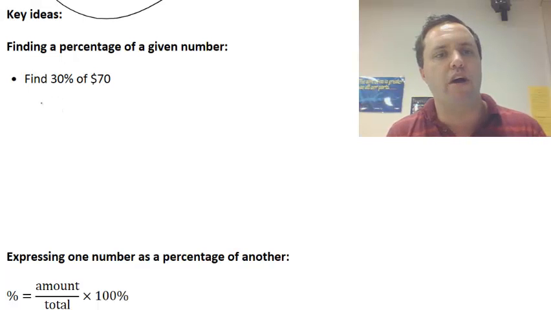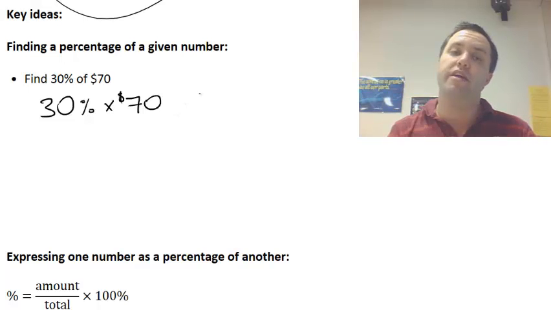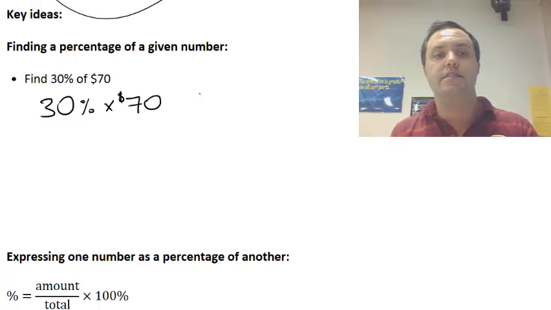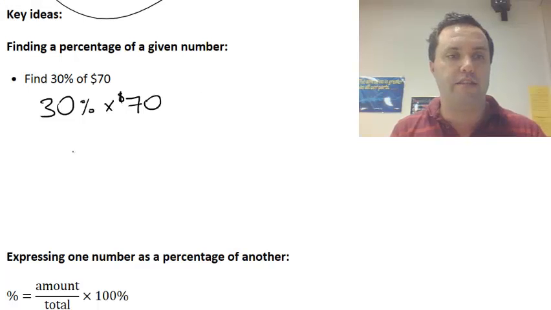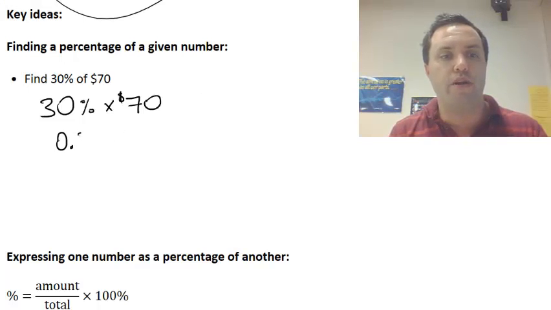So let's rewrite this: 30% times $70. From our previous video, 30% divided by 100% is the same as 0.3, so this is 0.3 times $70.